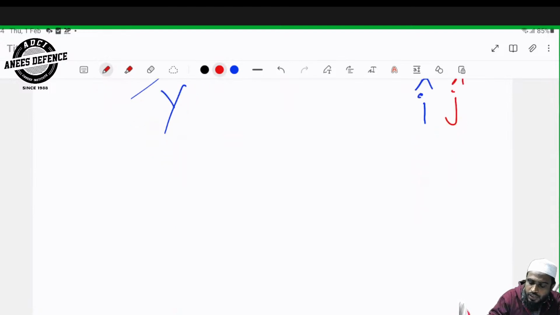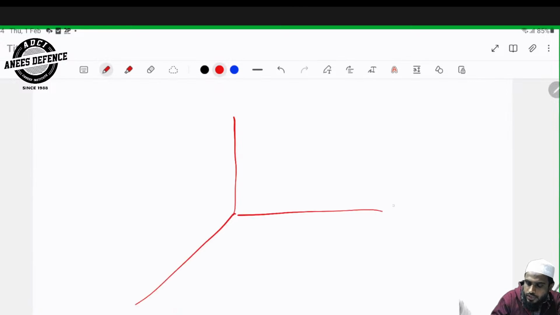For example, I will tell you one point. This is X, this is Y, this is Z. This is a three-dimensional diagram. I am going to represent a point anywhere.